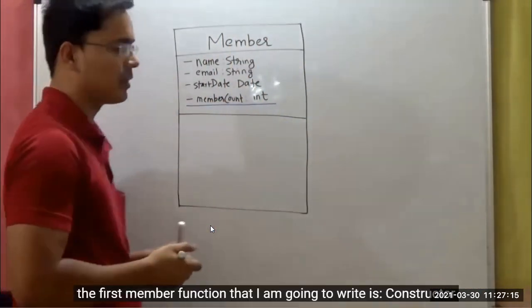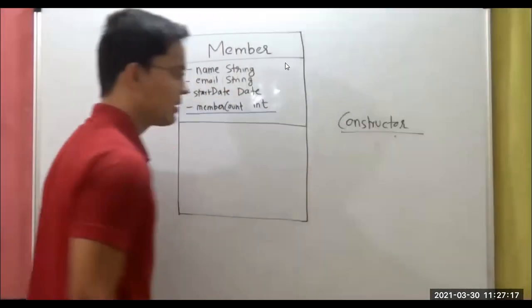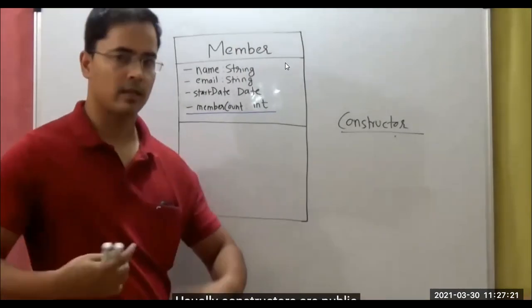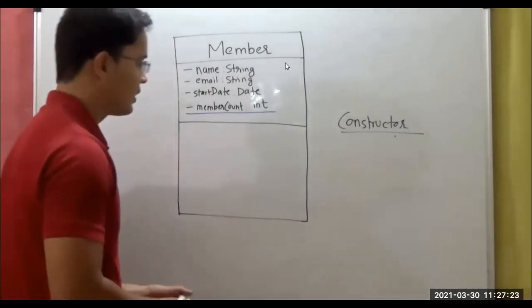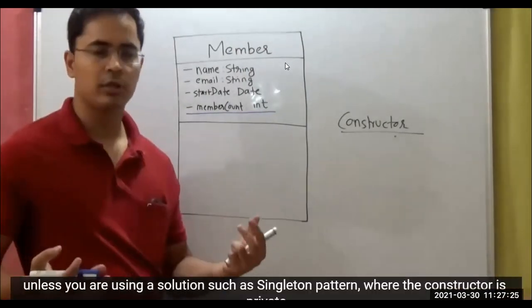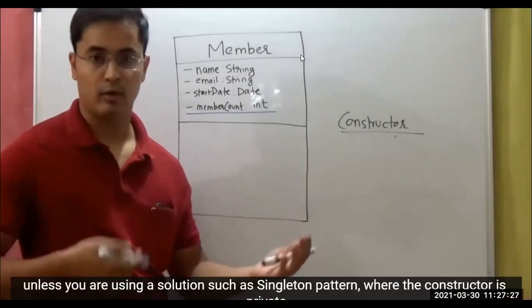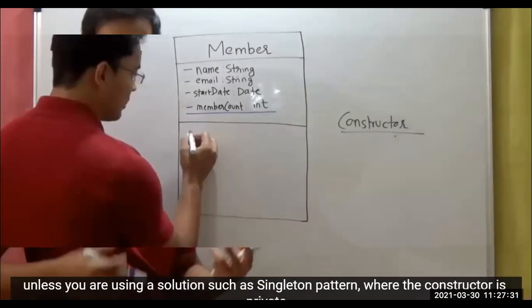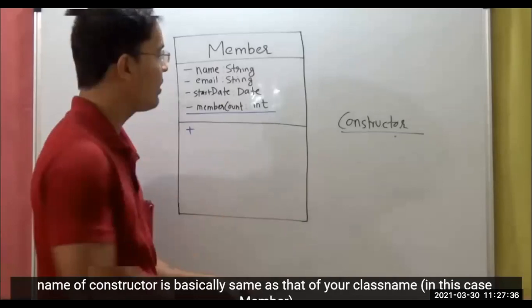The first member function that I'm going to write is the constructor, which is very simple to draw. Usually constructors are public, unless you are using certain solutions such as the singleton pattern where you can make your constructor private. So I'll say plus constructor, which is basically the same name as your class name.